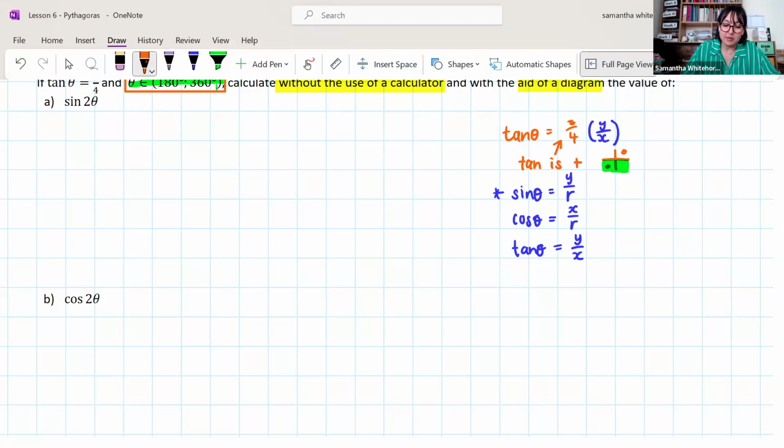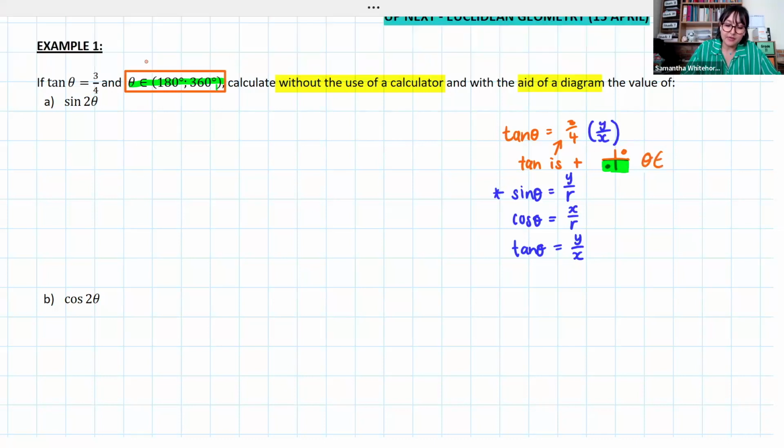Now, if tan has to be positive, and theta has to fall in the range between 180 and 360, what that means is that I'm looking at my Cartesian plane specifically in quadrant 3. Quadrant 3, because tan is positive there, and it falls within my range of between 180 and 360. And this is now where the diagram comes in.